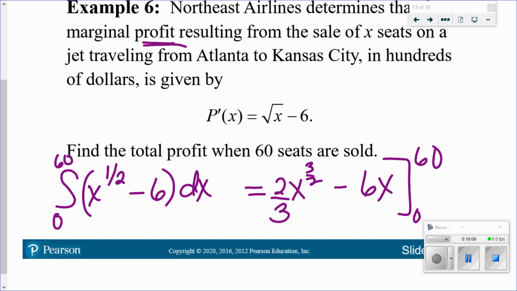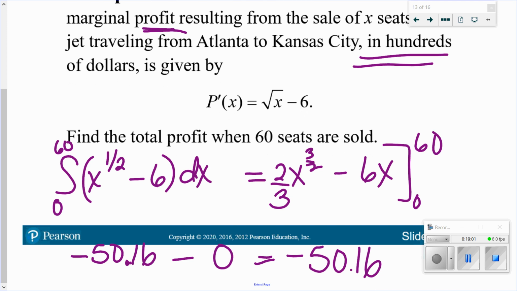So we get, when we input 60 in, and remember these are in hundreds of dollars, negative 50.16 hundreds of dollars minus 0 when we input 0.